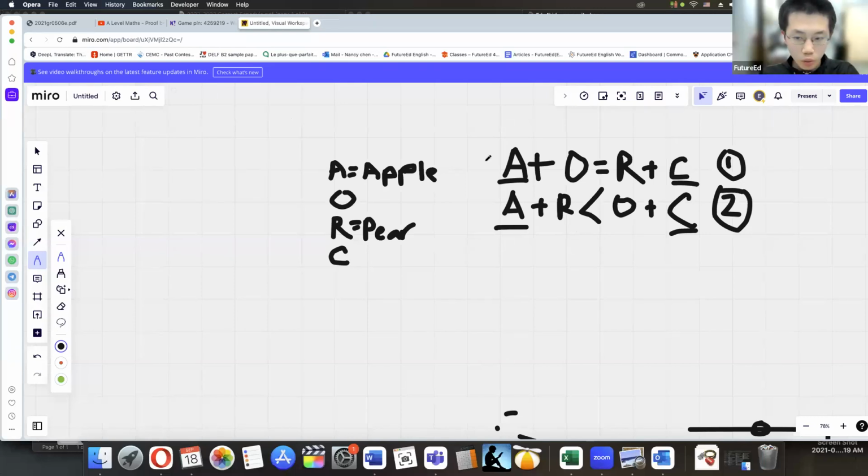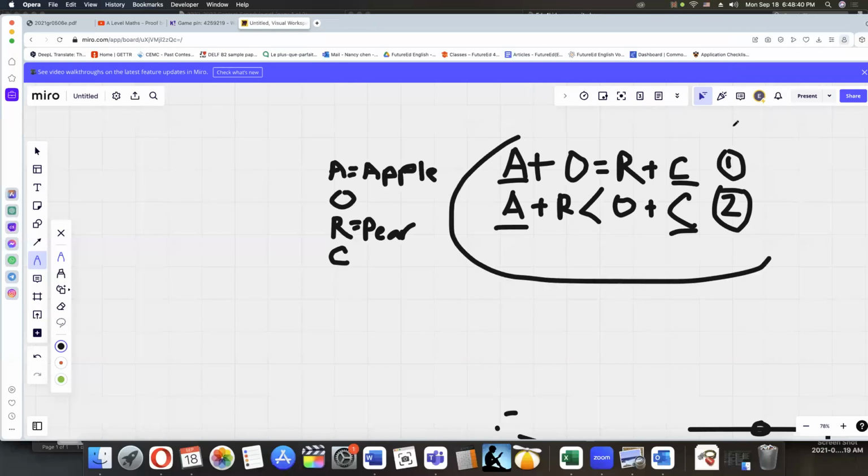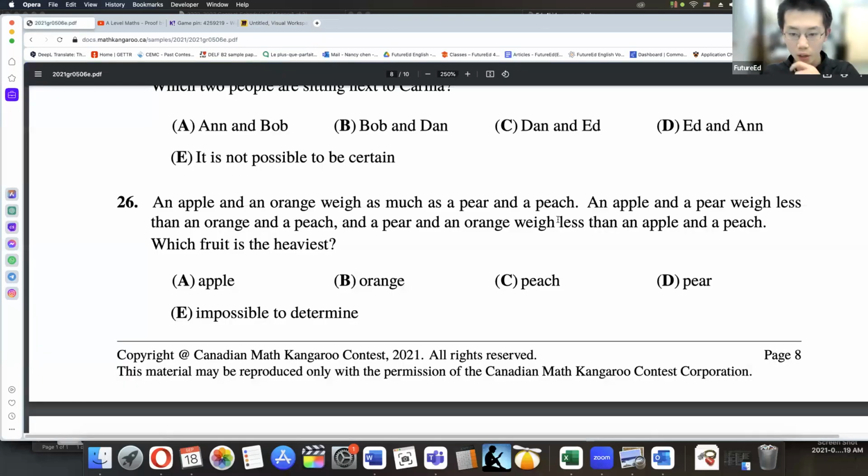So far I put the first sentence in, and I also put the second sentence in: an apple and a pear weigh less than an orange and a peach. And finally, the third sentence is that a pear and an orange weigh less than an apple and a peach.